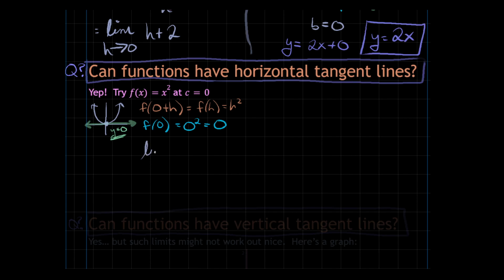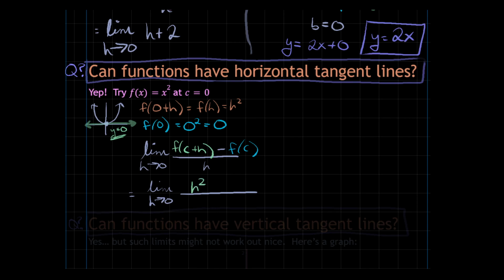So when we try to set up the limit as h goes to 0 of f of c plus h minus f of c all over h, it looks like the limit as h goes to 0 of, we've got h squared, and we've got a 0.